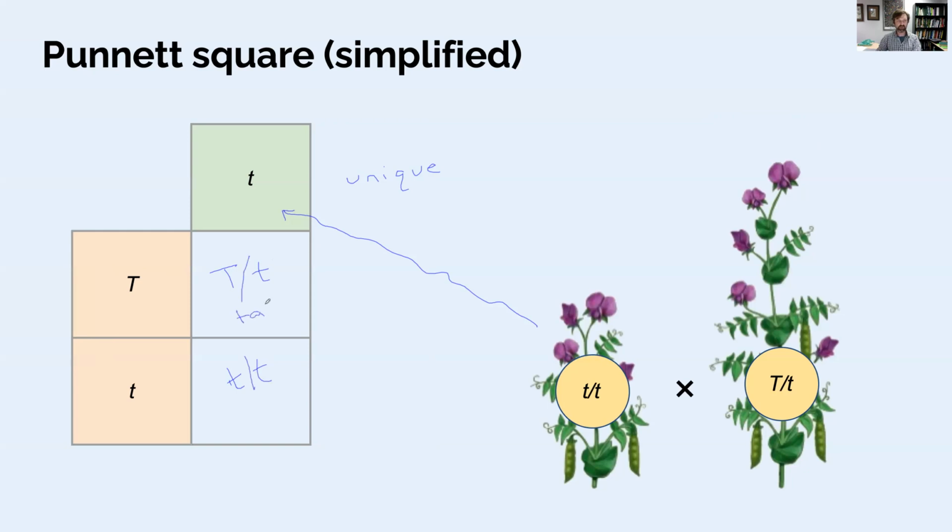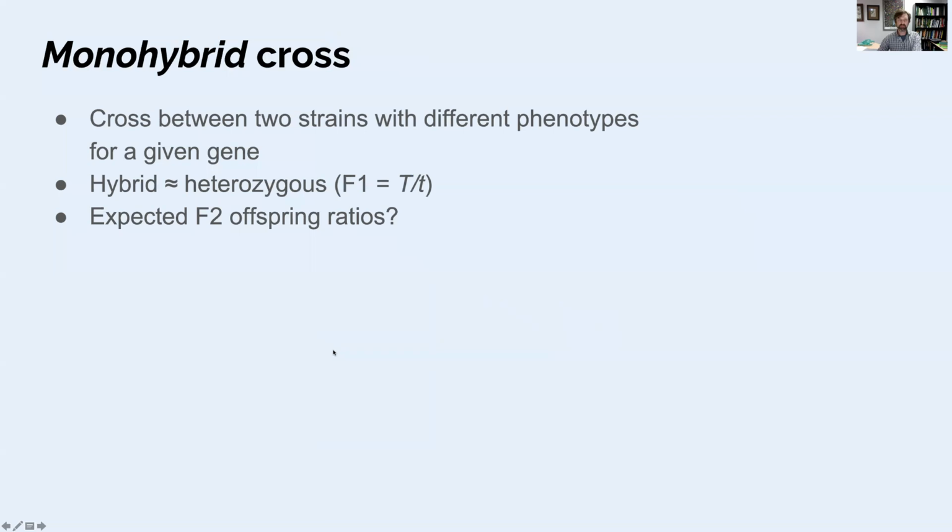We can put in genotypes and phenotypes. And depending on what you're interested in for the outcome, depending on what you get asked on an assignment or exam, you could answer that question any number of ways. All right, so that's pretty straightforward.